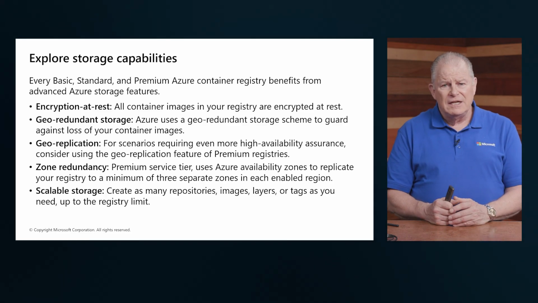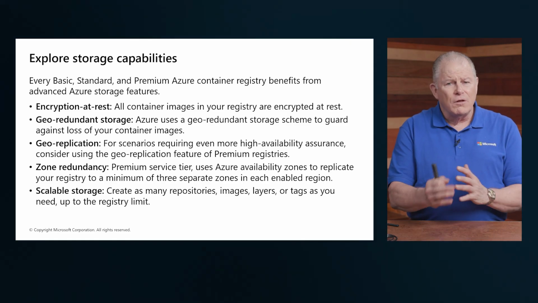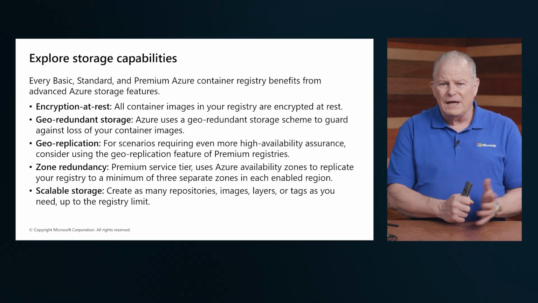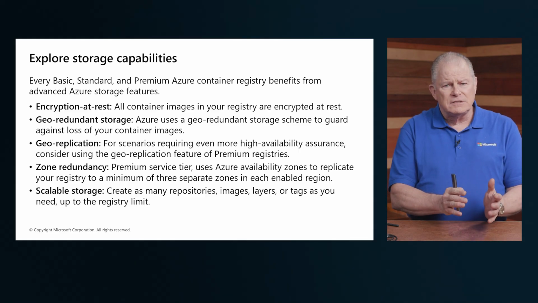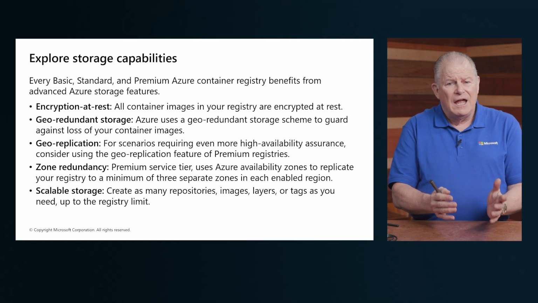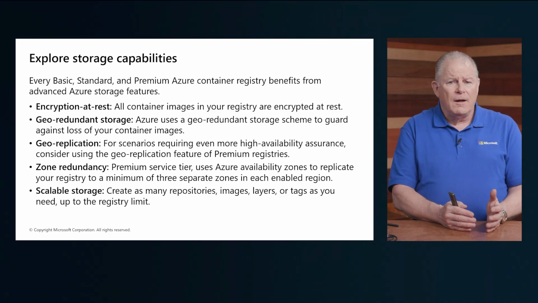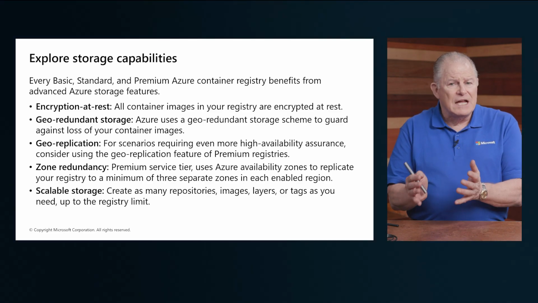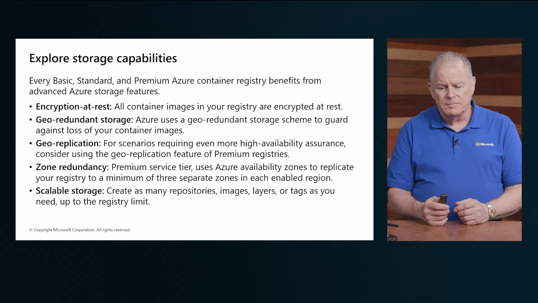Zone redundancy, so that you're not dependent on a single data center within a region. All of those constructs, go take a look at the Azure storage recordings, and you'll see a lot of that similarity, because at the end of the day, this is just a storage account, and as opposed to storing blobs or file shares or tables and queues, it's now storing VM or container images that you're working with.